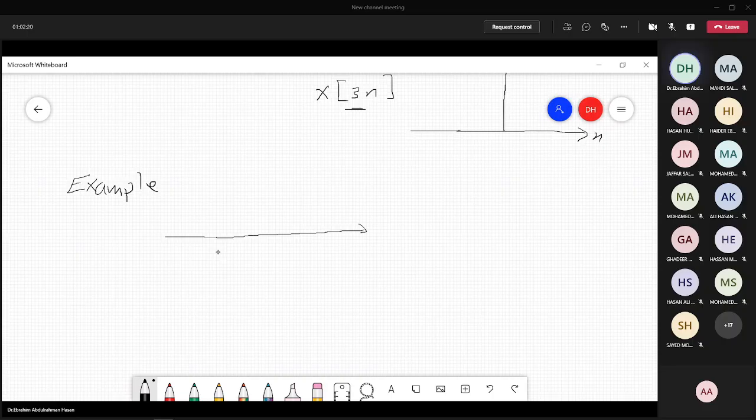This is my x of n. 0, -1, at 1, 2, 3, 4, 5, maybe 6.